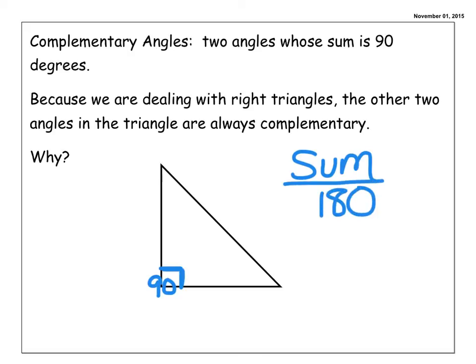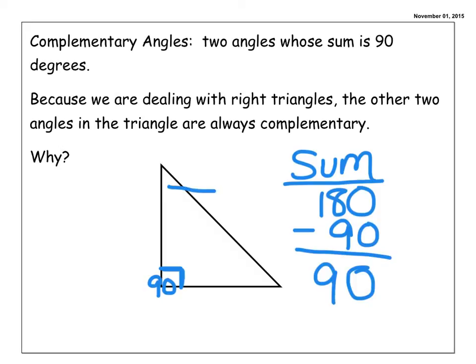So if I already have a 90-degree angle in my triangle and I subtract out that 90 degrees, 180 minus 90 leaves me with 90 degrees. So that means that these last 2 angles that I have here are always going to add to be 90 degrees because that's what I have left in the triangle. So these 2 angles here and here are always going to add to be 90 degrees. Well, that is the actual definition of being complementary, is that they add to 90 degrees.